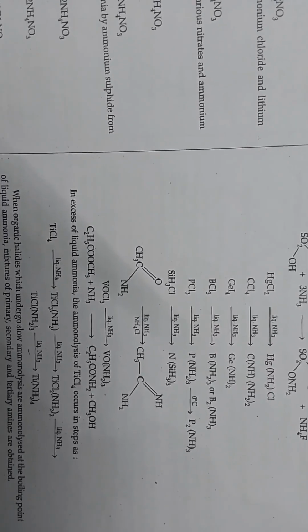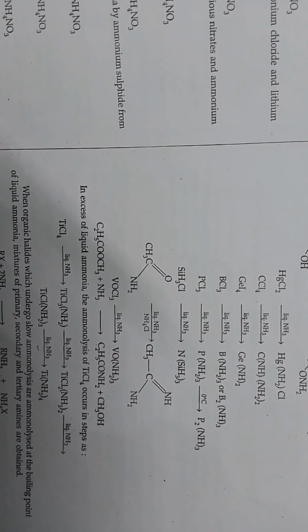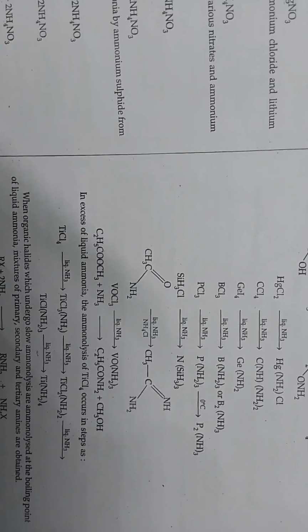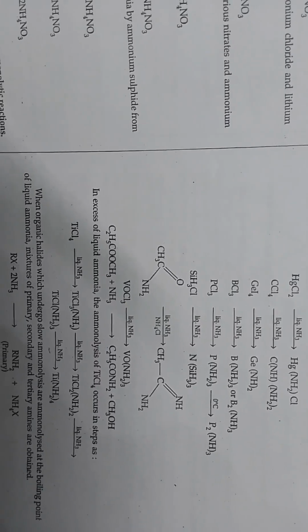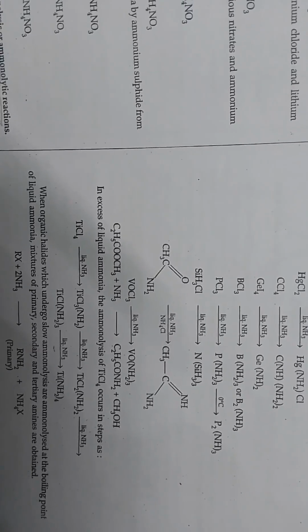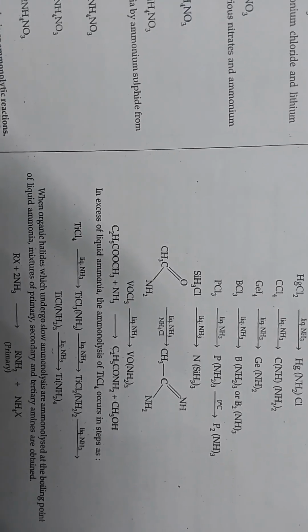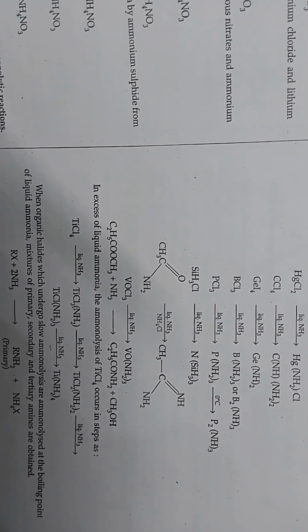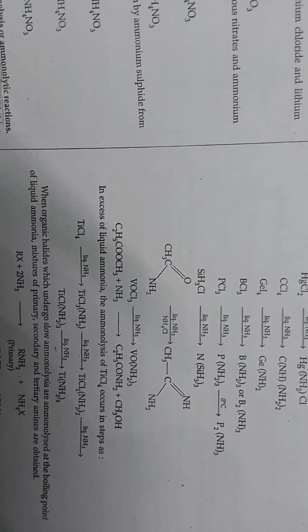GeI4 in liquid NH3 gives Ge(NH)2. BCl3 in liquid NH3 gives B(NH2)3 + B2(NH)3. PCl3 in liquid NH3 gives P(NH2)3. At 0 degrees Celsius it gives P2(NH)3.